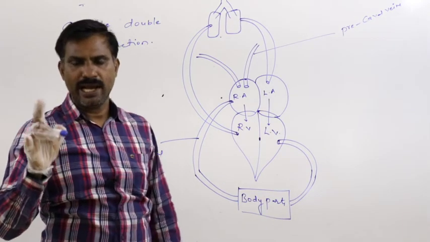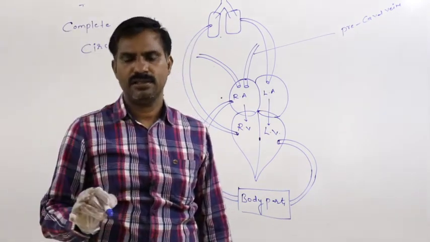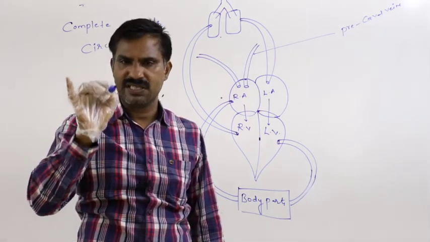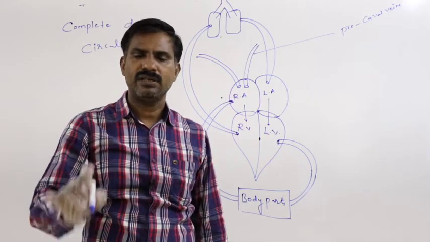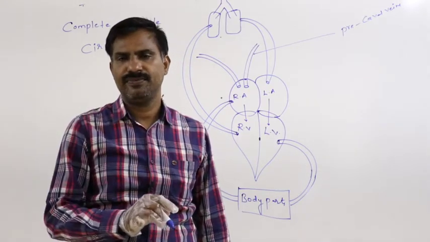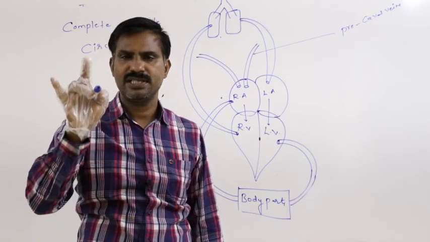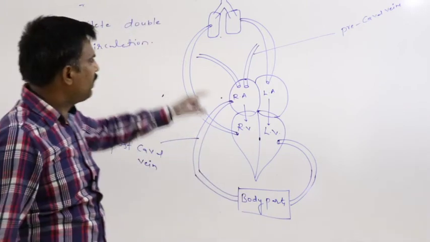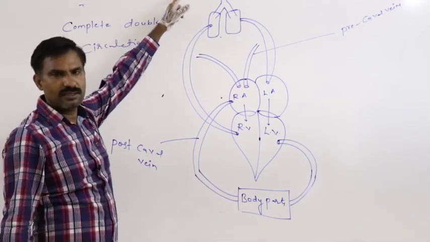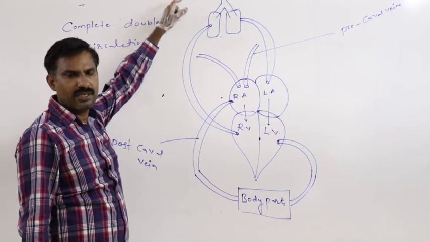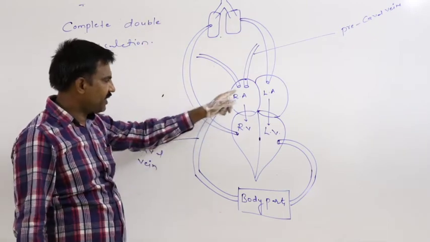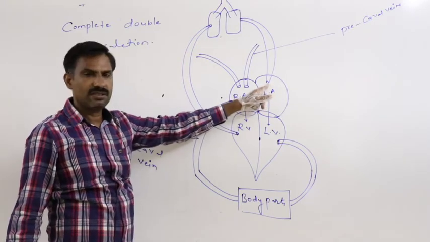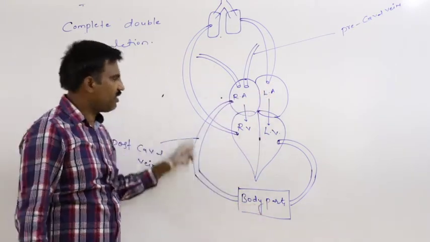In the case of amphibians and reptiles, though blood passes through the heart twice in a complete circuit, mixed blood is circulated, so that is said to be the incomplete double circulation. But in birds and mammals, in a complete circuit blood passes through the heart twice.